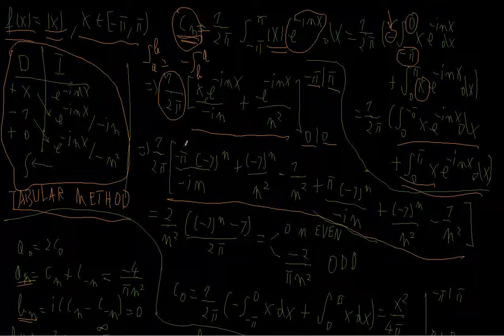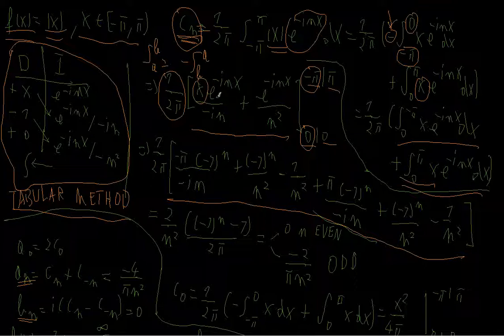So that's a lot. So I get negative pi times negative 1 to the nth power over negative i n plus negative 1 to the nth power over n squared. So that is my negative pi plugged in, minus 1 over n squared, that is my zeros plugged in, because here I have an x.